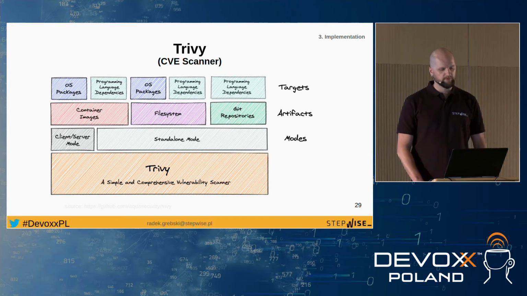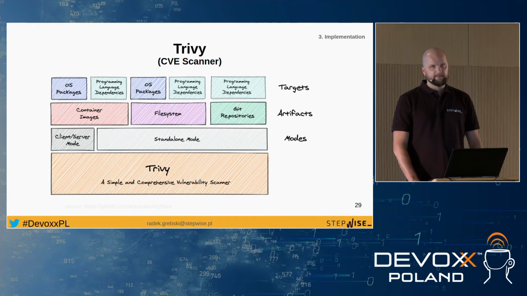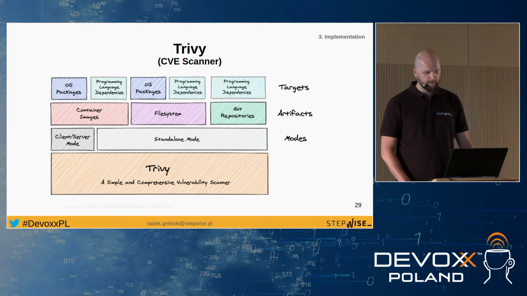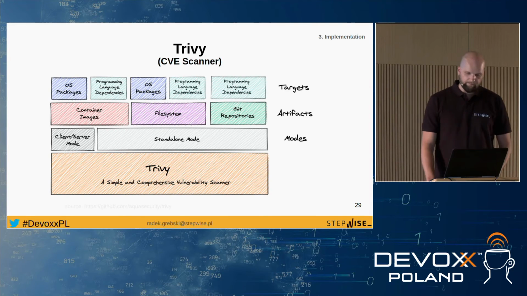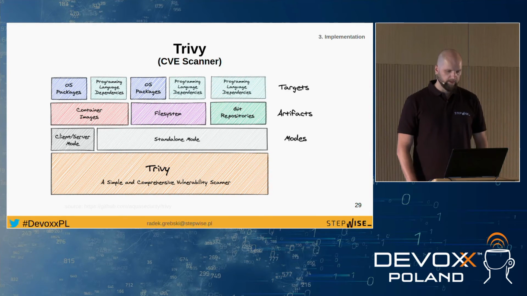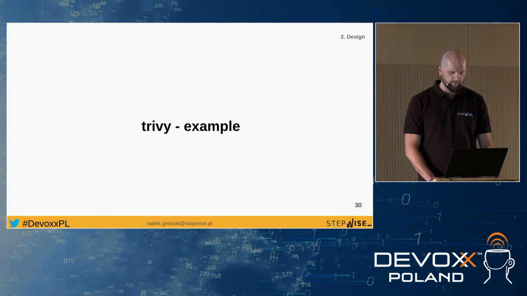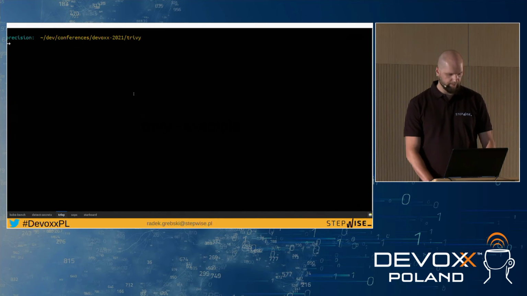Not all programming languages and package managers are supported, but all the languages also have their own tools for scanning dependencies for vulnerabilities. So, we can use Trivy, for example.